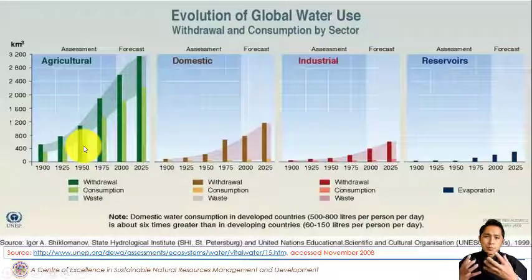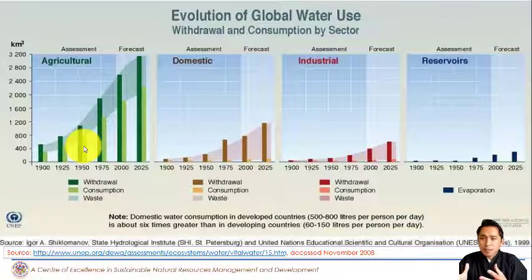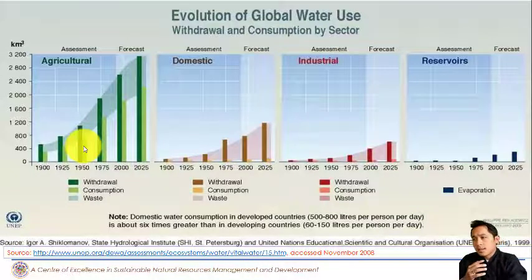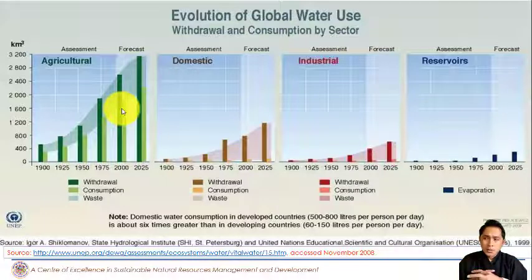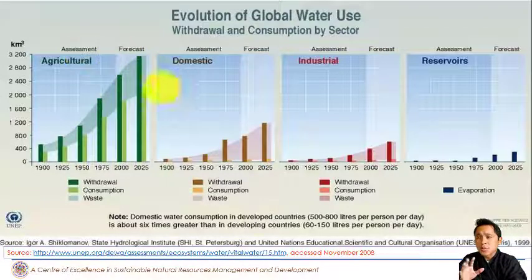They are using up lots of water resources from the planet. And the sad thing is that the amount of water they have withdrawn is quite high as compared to the consumption that they are making. So the gap is quite high.